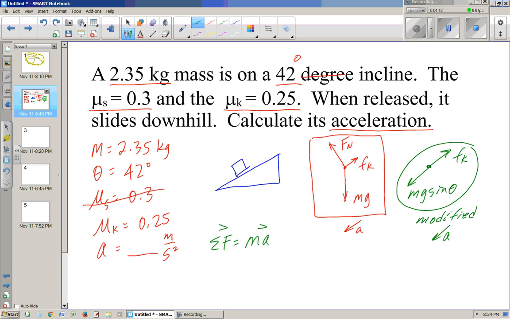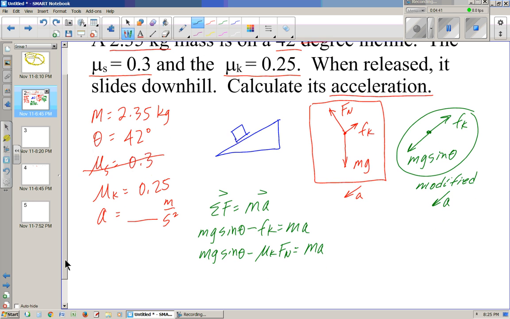Looking at the modified diagram, what we see would be, of course, mg sine theta minus fk equals ma. Well, we don't know what fk is, so we're going to have to replace that. So we get mg sine theta minus mu k Fn equals ma.